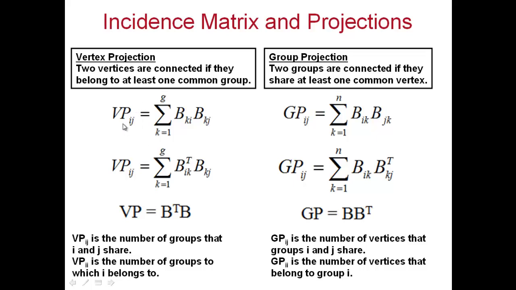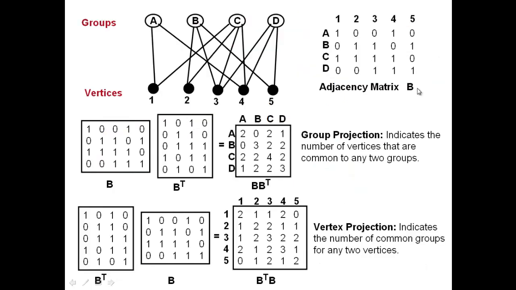We are considering any 2 vertices i and j, and we have to decide whether there could be an edge between i and j or not. So we are considering all the groups. Here k is the variable from 1 to g, where g is the number of groups, and B is this adjacency matrix.